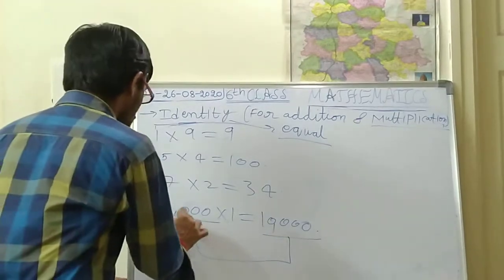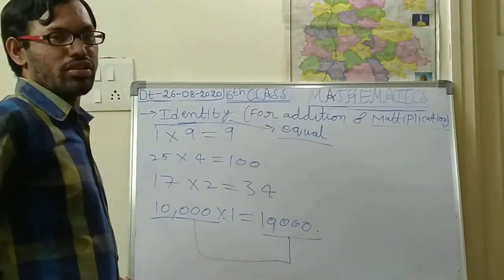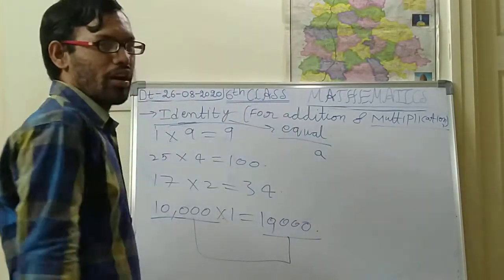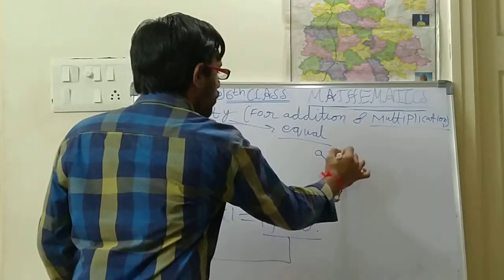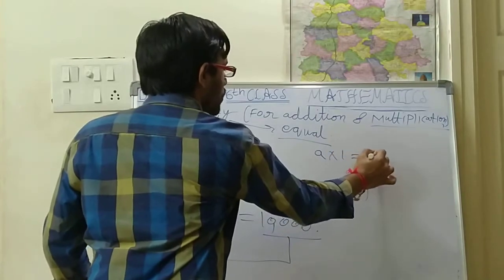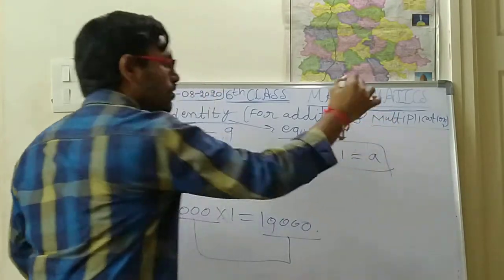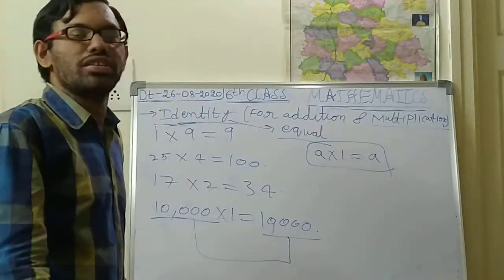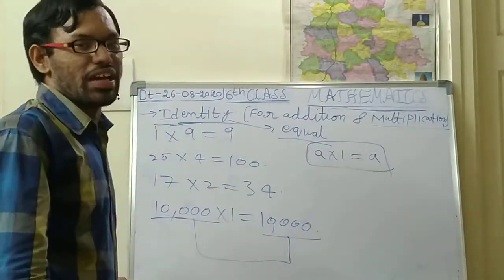So 10,000 into 1 is equal to 10,000. Suppose a is any whole number, then a into 1 is equal to a only. Then the multiplicative identity is satisfied.